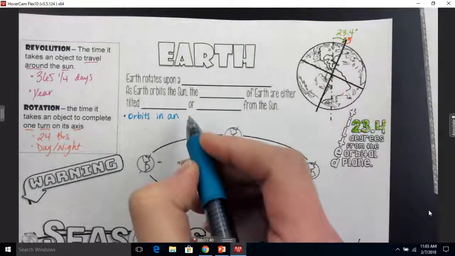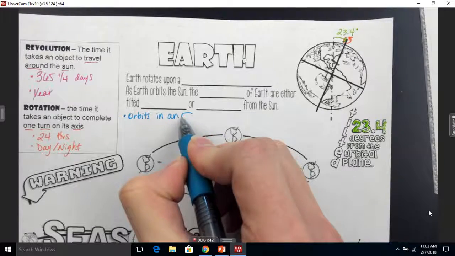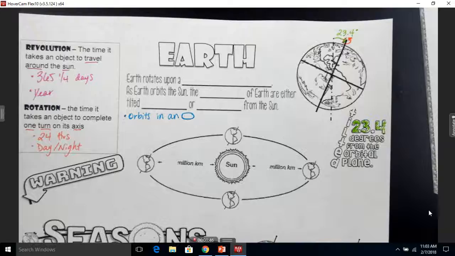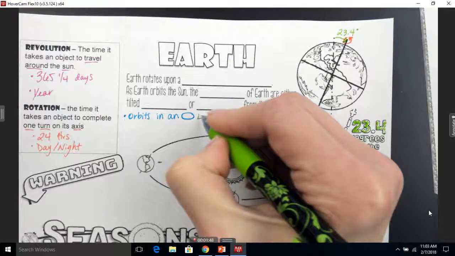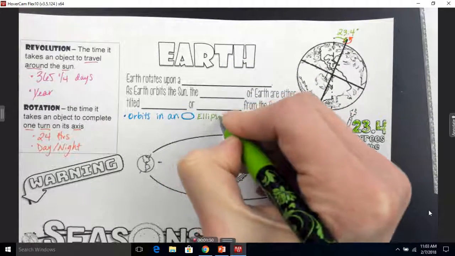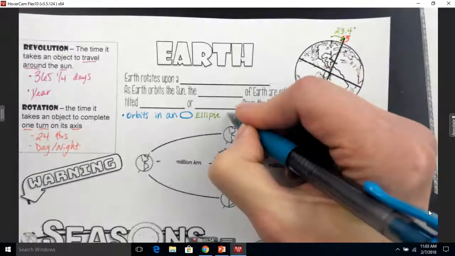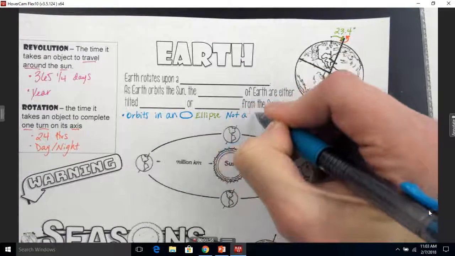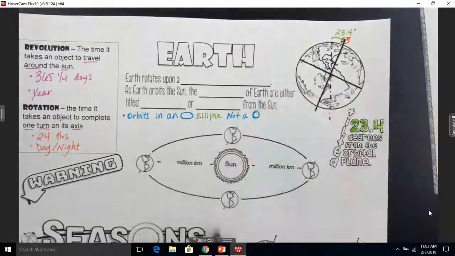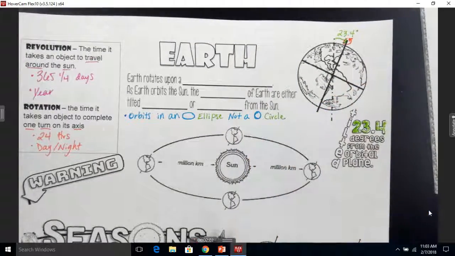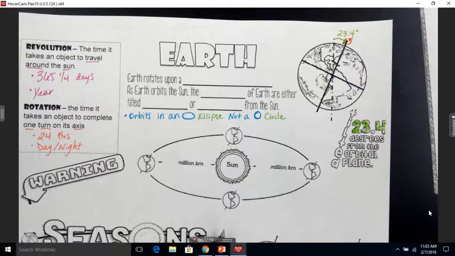It's an ellipse. Elliptical orbit. So this shape right here is an ellipse. Not a circle. Orbits in an ellipse, not a circle.